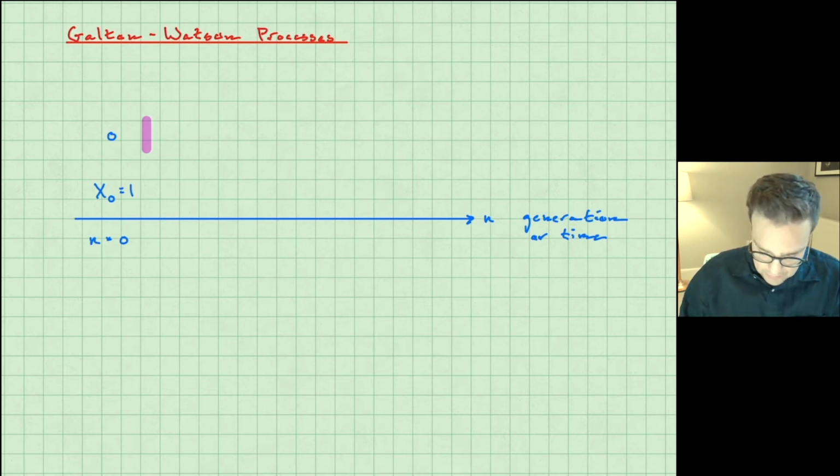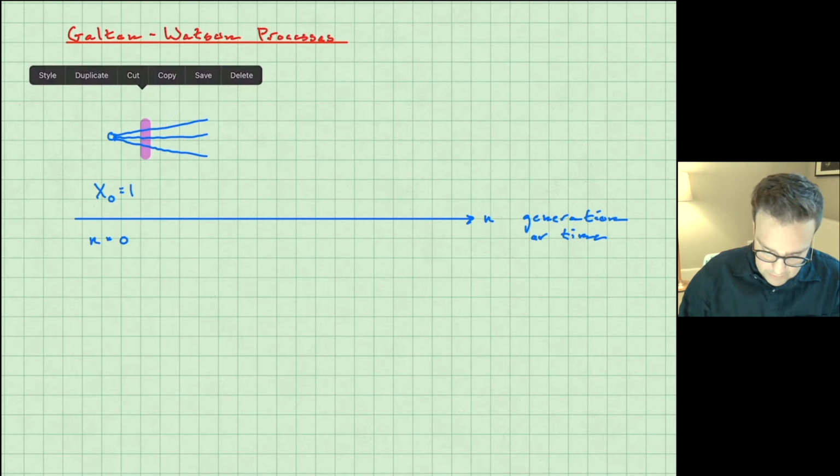I'll draw those out like this. So this little pink thing is meant to be the branching event. Let me move that, like that. It's a little better.